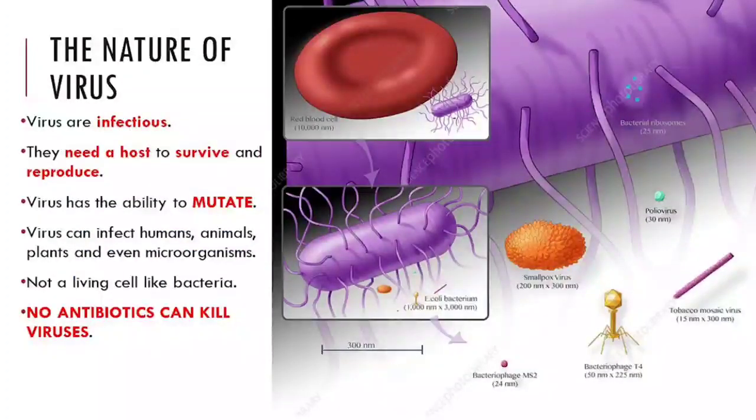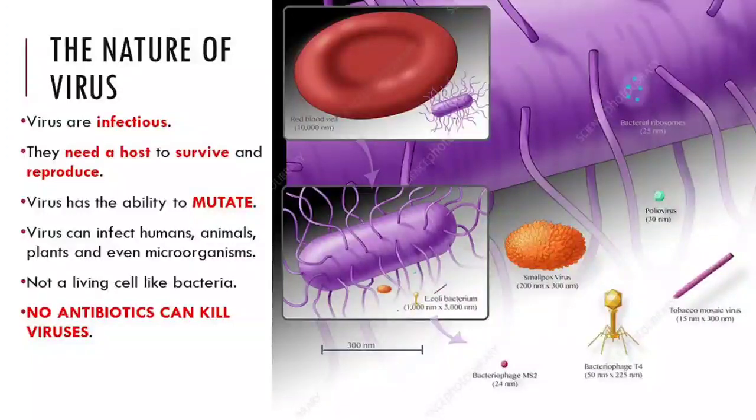We need to understand the nature of this coronavirus. Virus is very infectious, and it needs a host to survive and reproduce. And the virus has the ability to mutate.